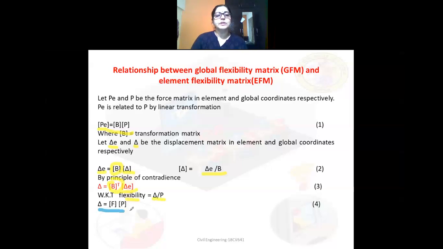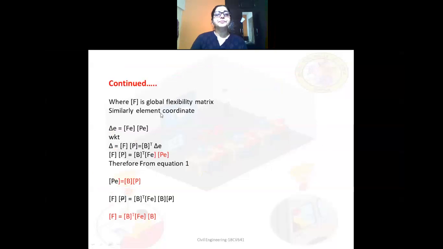Now, where capital F is the global flexibility matrix. Similarly, for the element, delta E is equal to Fe, that is the element flexibility matrix, into the element force. So delta E is equal to Fe into Pe.